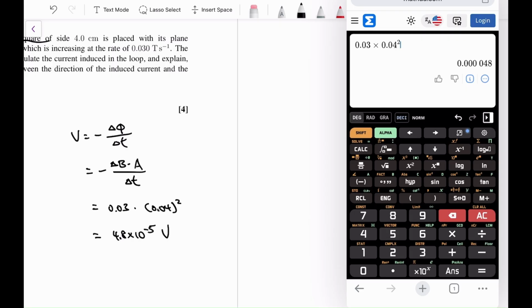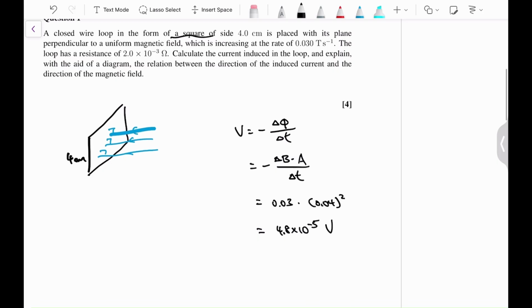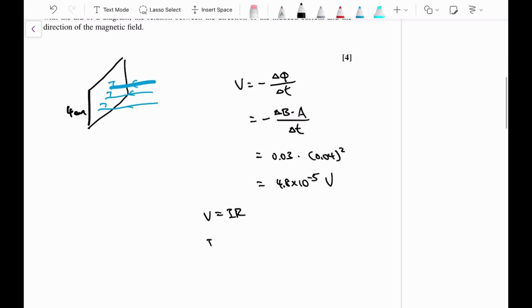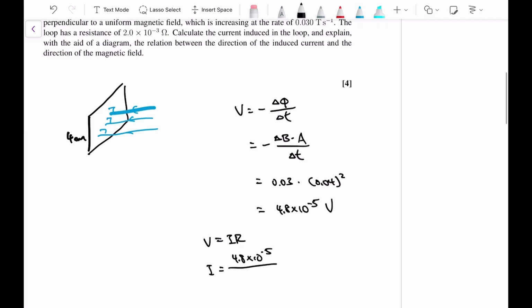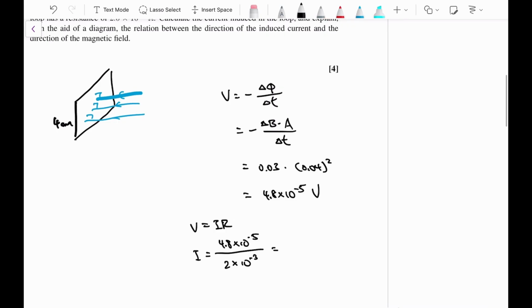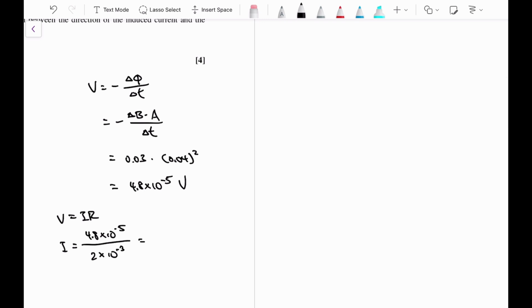That's volts. Okay, so that's voltage, and we are given a resistance, so therefore we can just calculate the current. So V is equal to IR, so I is just equal to 4.8 times 10 to the negative 5 over the resistance, which is 2 times 10 to the negative 3, and I think you can calculate this directly, so that will be 2.4 times 10 to the negative 2.